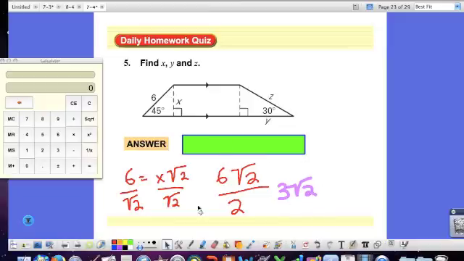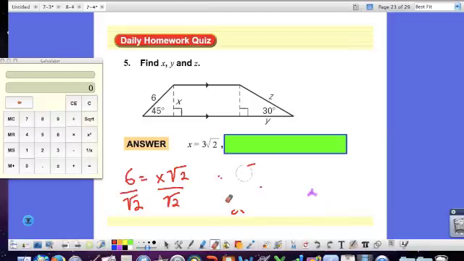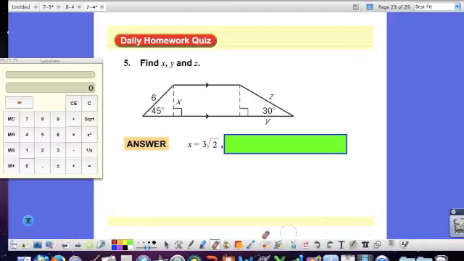So X is 3 radical 2. We saw that. Okay? Now I'm going to find Y and Z. So this is the same here. This is 3 radical 2.